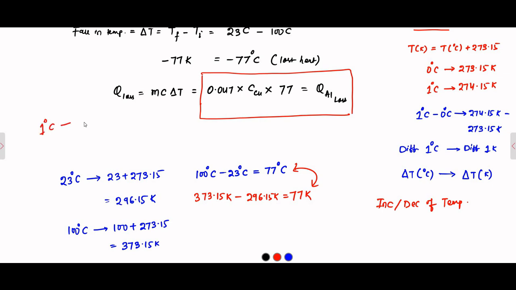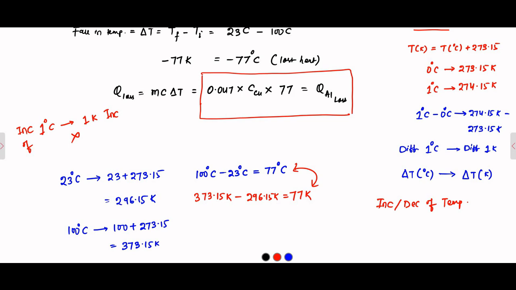No, a specific temperature of 1 degree Celsius is not equal to 1 Kelvin, but an increase of 1 degree Celsius from a specified temperature is the same as the increase by 1 Kelvin. So an increase of 1 degree Celsius also means that there will be an increase of 1 Kelvin. A decrease of 1 degree Celsius is same as a decrease of 1 Kelvin. So that's why directly we used the temperature difference of 77.